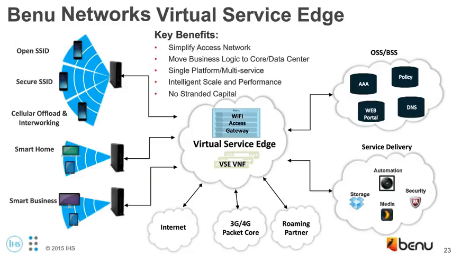So Benu focuses very singularly on this idea of deploying services in the operator core. And so we have been working again with our definitional customers, those mentioned in the case study, as well as some other large operators, on defining this virtual service edge, which is our vision of the service delivery for mobile devices.